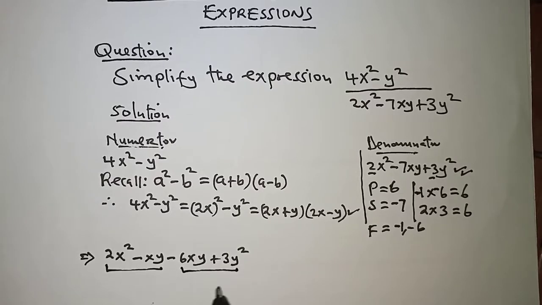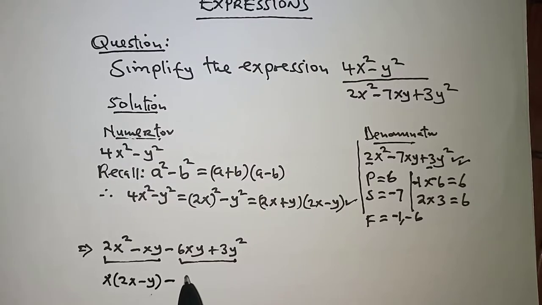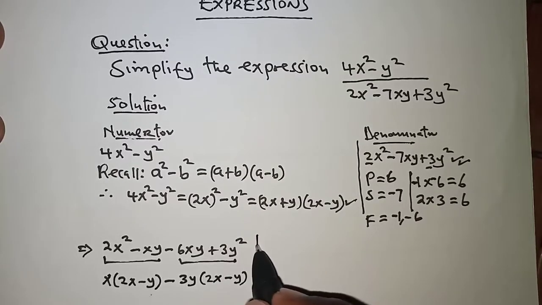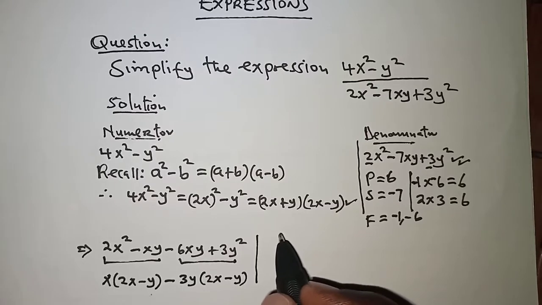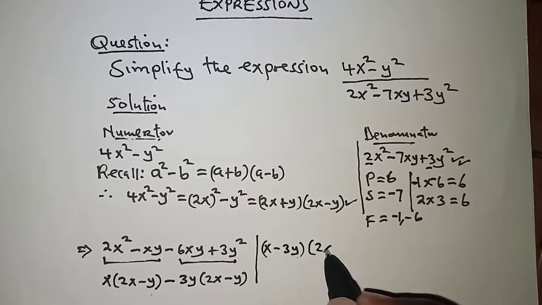factorize by grouping. So for this first part we have x as a common factor, so we have x into 2x minus y, minus, so here we have 3y into 2x minus y, and this finally should give us x minus 3y into 2x minus y.